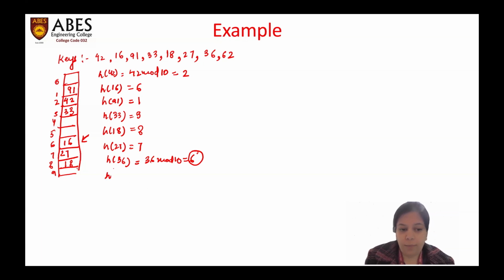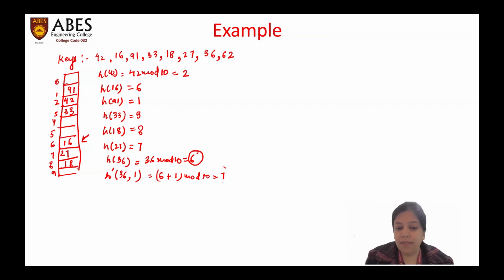We compute h'(36, 1), which is h(k) plus i square, that is 6 plus 1, and then mod by 10. So here we are getting 7.